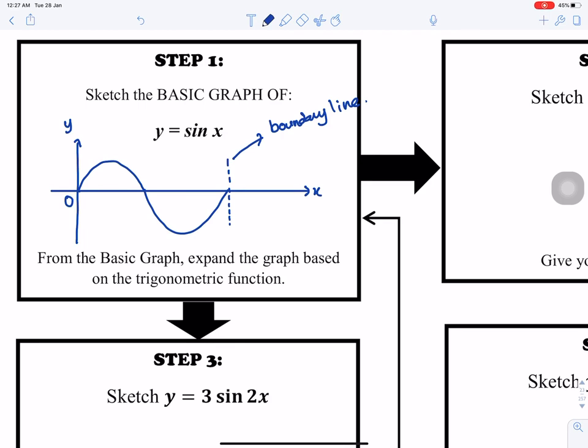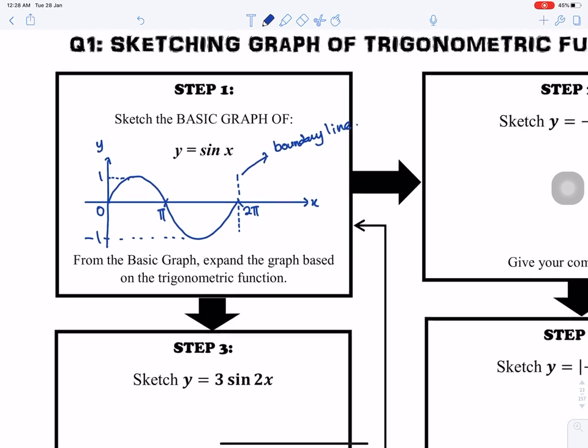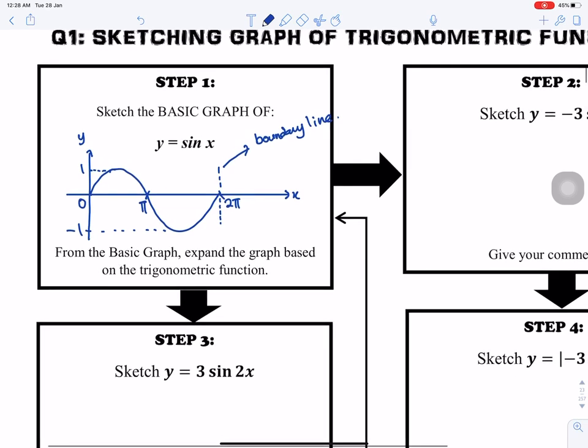Okay, and then pi and 2 pi, and the amplitude 1, -1. Okay, finish. Sketch the basic graph of sin x.